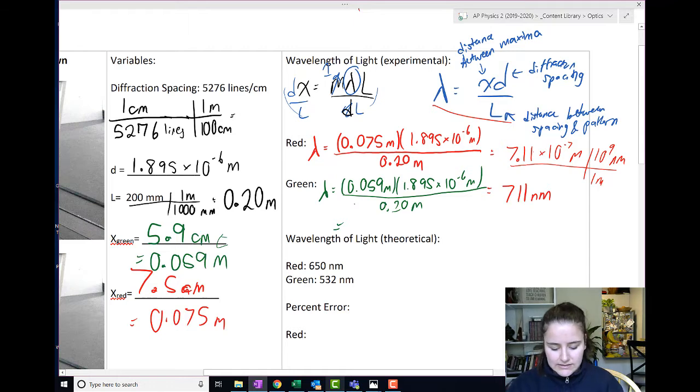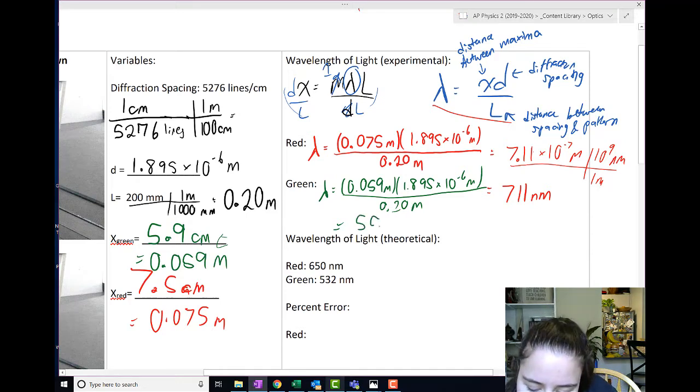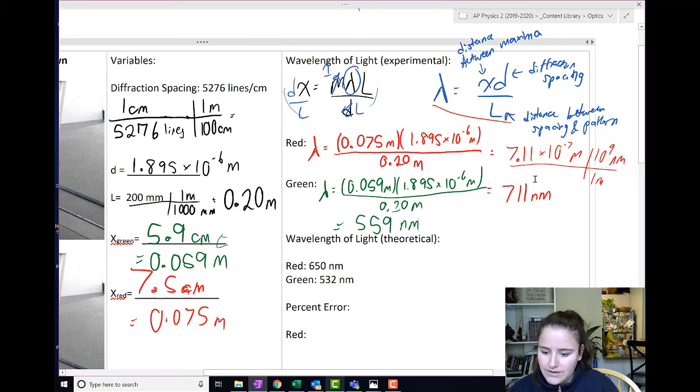And we get 5.59 times 10 to the negative 7, which will be 559 nanometers. So we did get that red has a longer wavelength than green. That is a thing we know, so that's good.